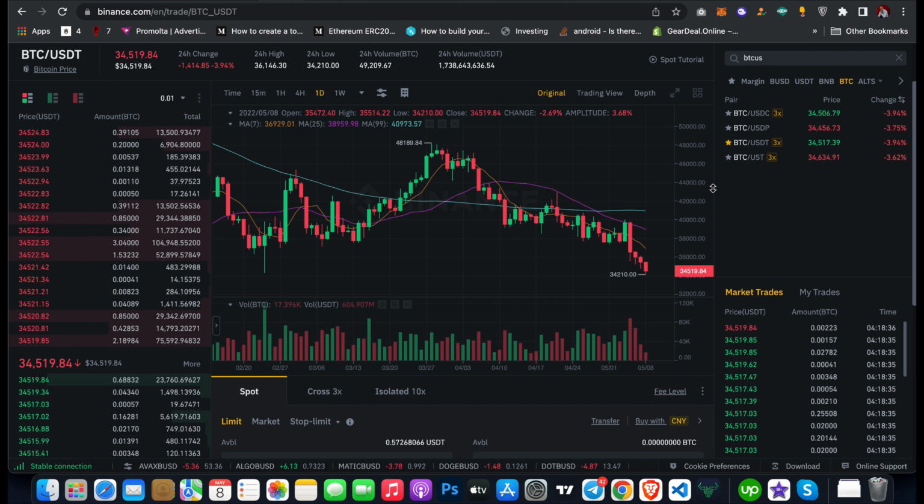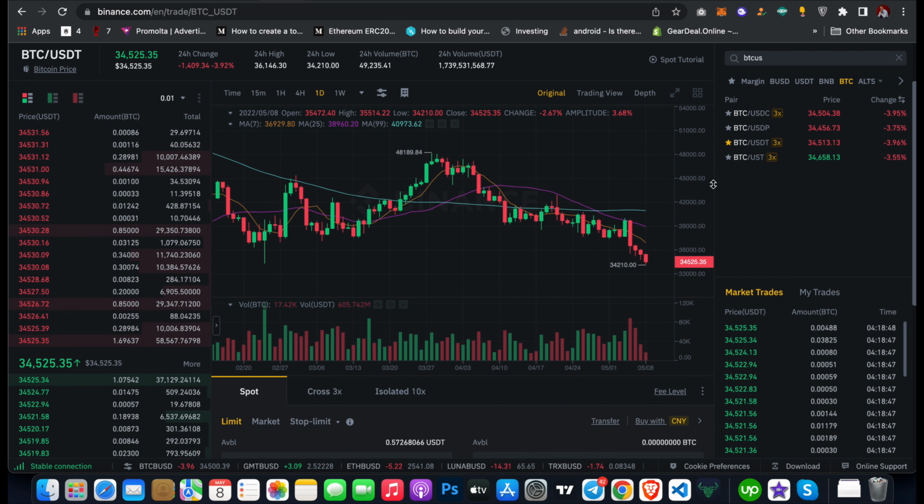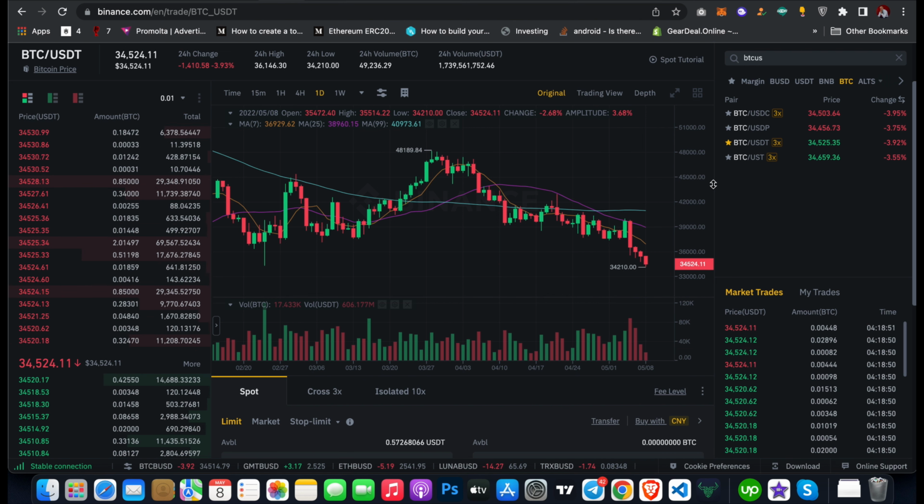So it is very important to do your own research first before investing or trying to buy and hold any crypto assets. Spot trading is all about buying cheap and selling at a very high price. So even if you are a newbie in crypto trading, you can actually start making money with spot trading.